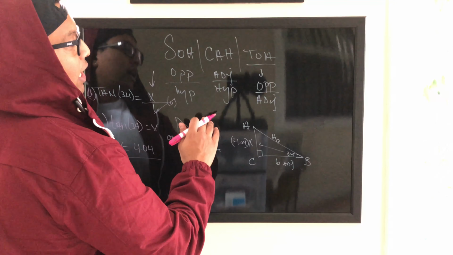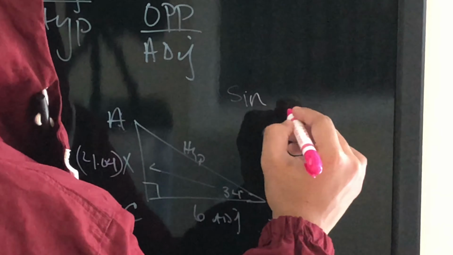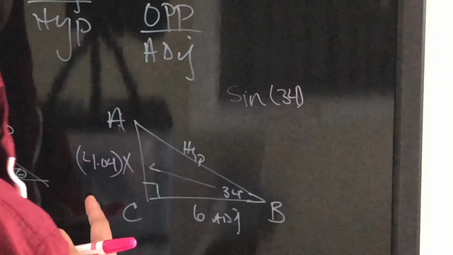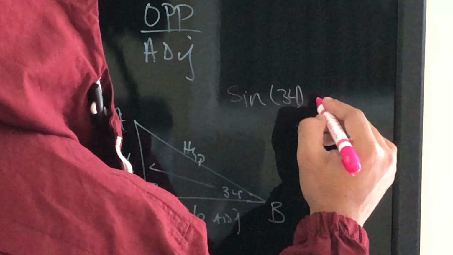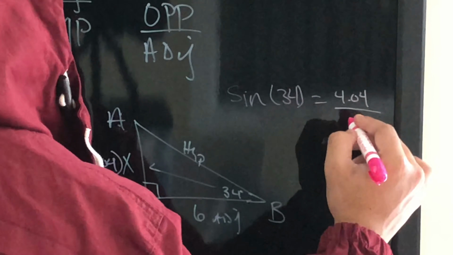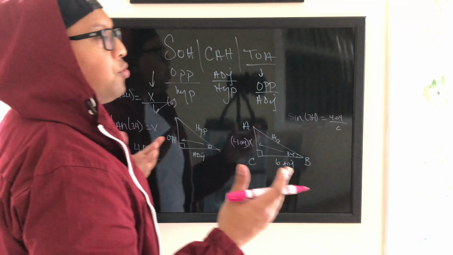So if you wanted to use sine, we'll go ahead and use sine. We'll just say sine of 34 equals opposite over hypotenuse. Now we know our opposite is 4.04, so it'll be 4.04 over, now our hypotenuse we'll just call little c. Now you have to do 2 things.